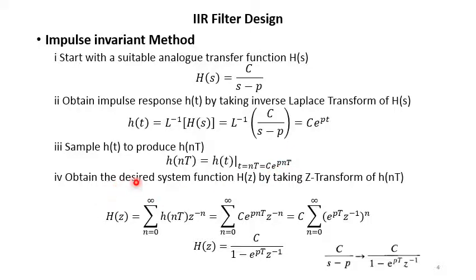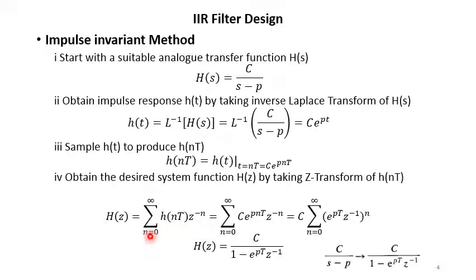Now to obtain the desired system function H(z), we simply take the Z transform of C e^(pnT). To obtain the Z transform, we sum the signal from minus infinity to infinity, but this signal exists from 0 to infinity.